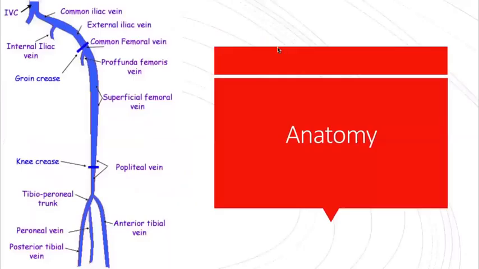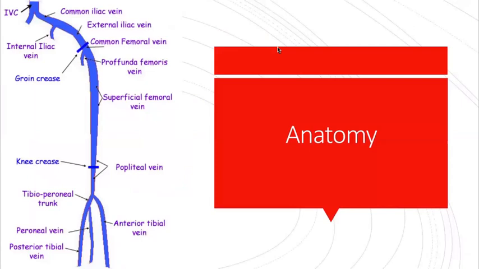Okay, so this next section is focused on the anatomy of the lower extremity venous system. And so it says, in most instances, go ahead and highlight, with a single vein, an artery is found with the same name.